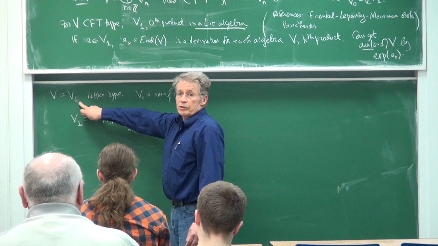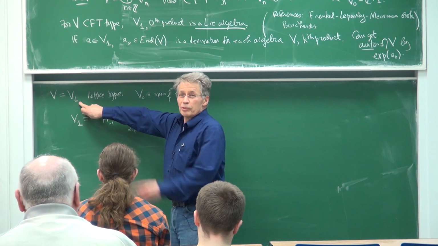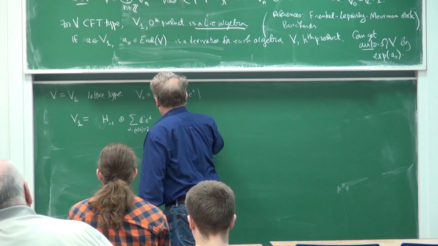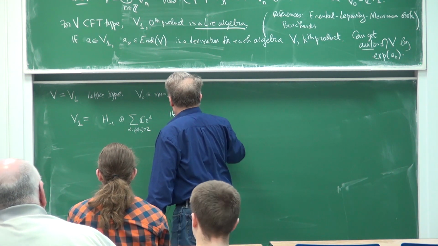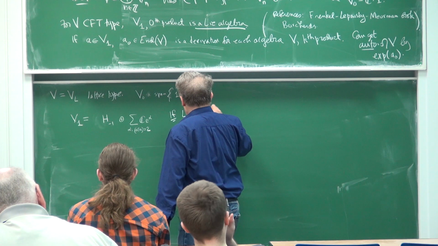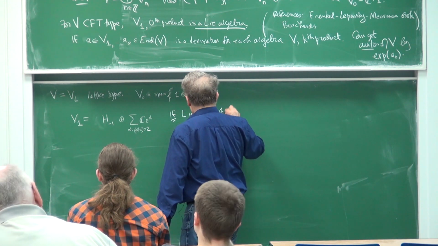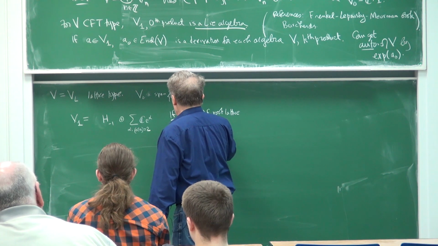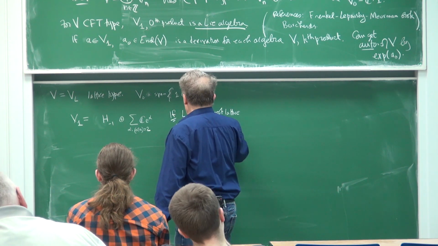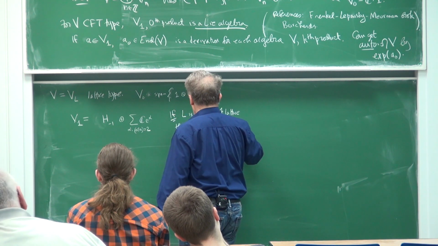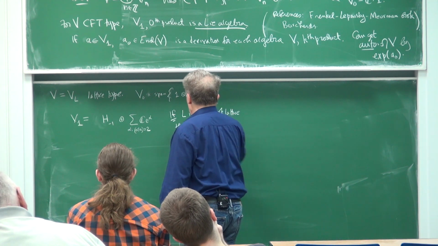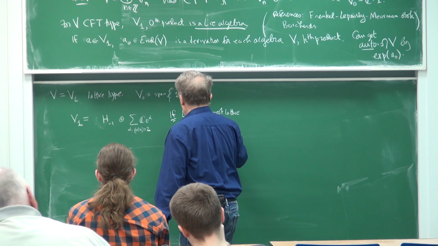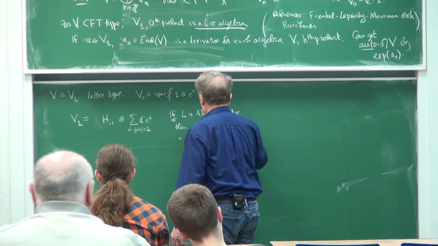A lattice may not have a root, but a root lattice will have a root, right? So if L is an ADE root lattice, then this has dimension equal to the rank of L plus the number of roots.